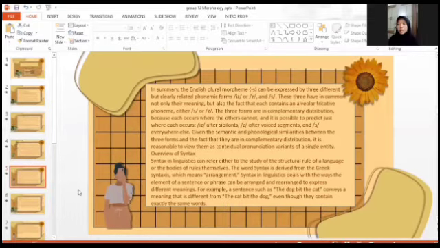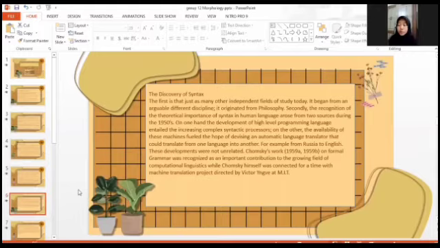Secondly, the recognition of the theoretical importance of syntax in human language arose from two sources during the 1950s: on one hand, the development of high-level programming languages, and on the other, increasingly complex syntax processors.